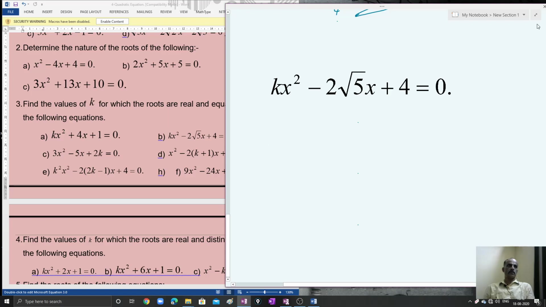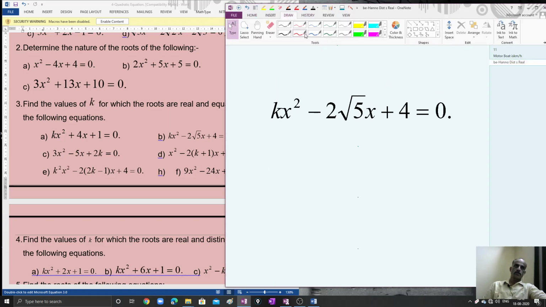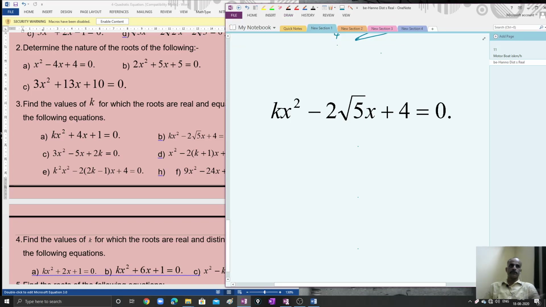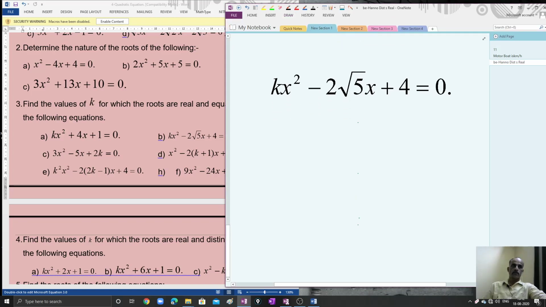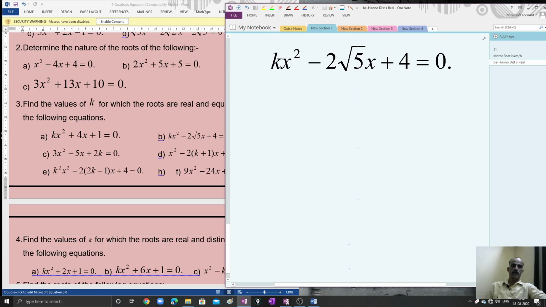What is the value of k? Again the question is, roots are equal. It's mentioned that the roots are equal. What is the value of k? a is equal to k, b is equal to minus 2 root 5 and c is equal to 4.